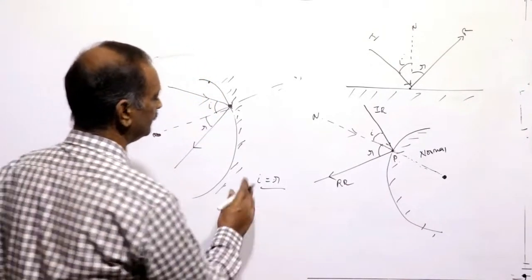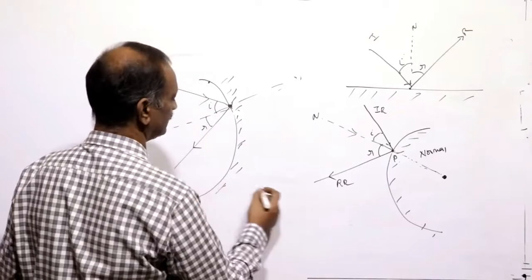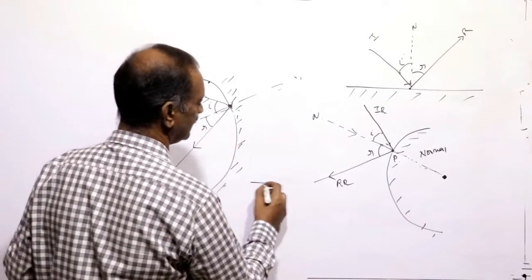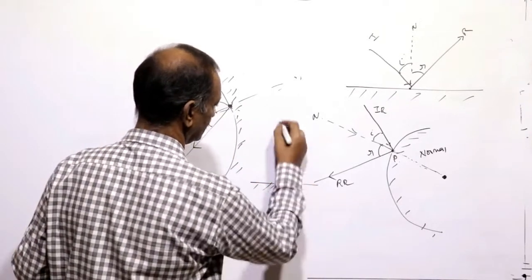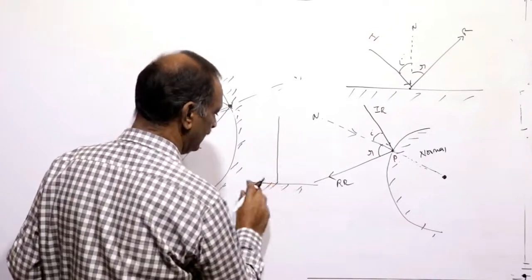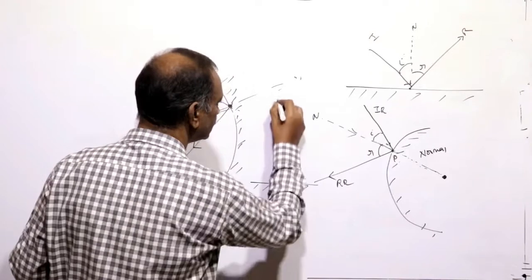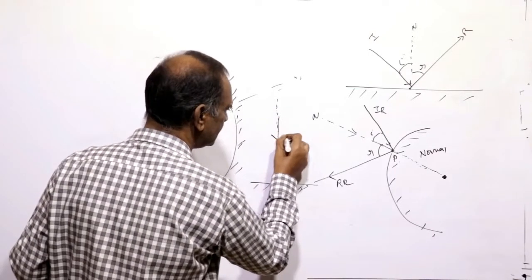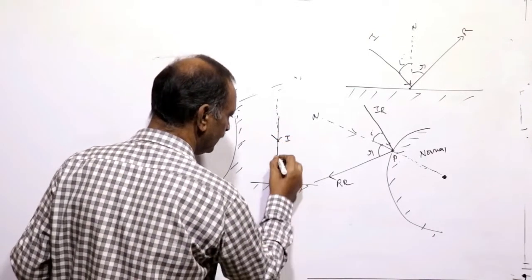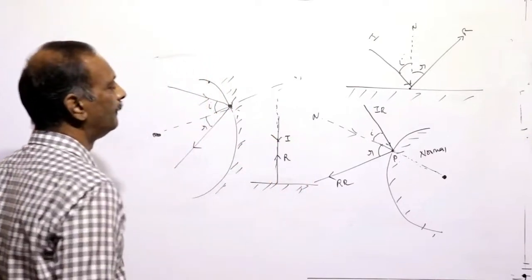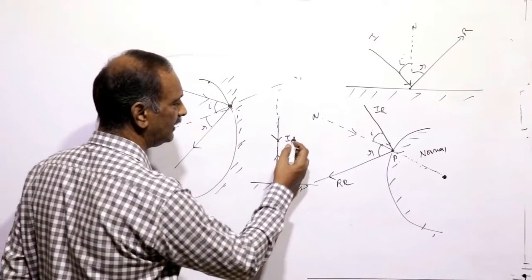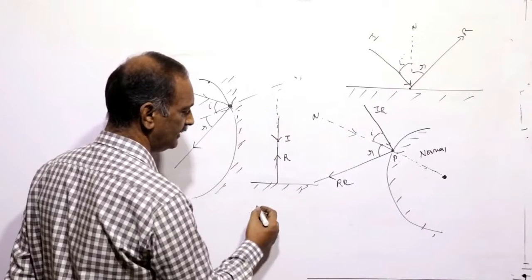Now suppose a ray is passing along the normal to this surface; this will be the normal also. The ray is incident like this, and after that it will retrace its path. What is the angle between the normal and the incident ray?